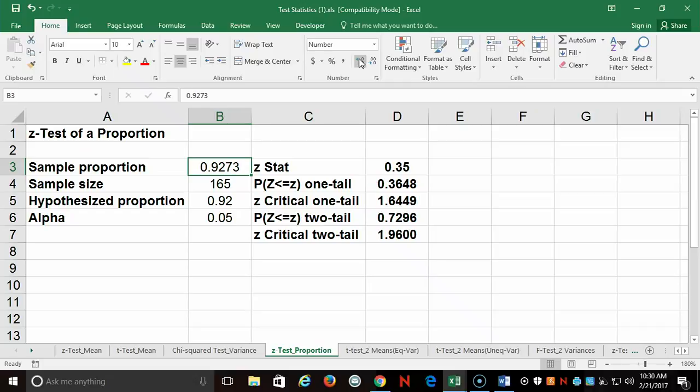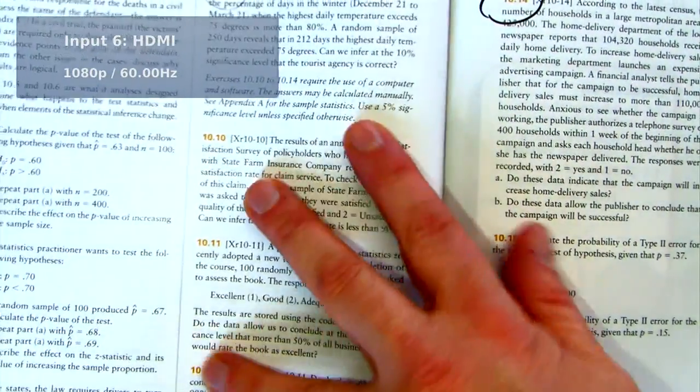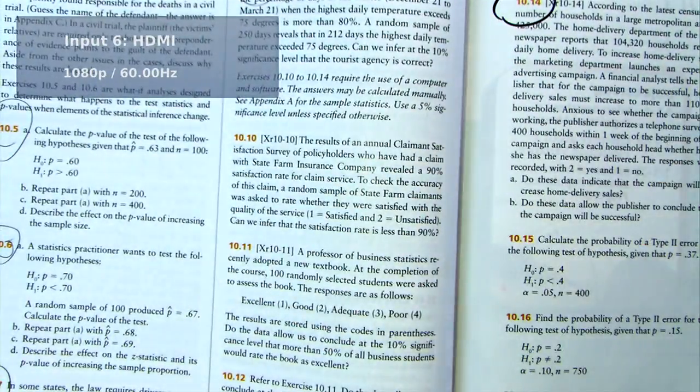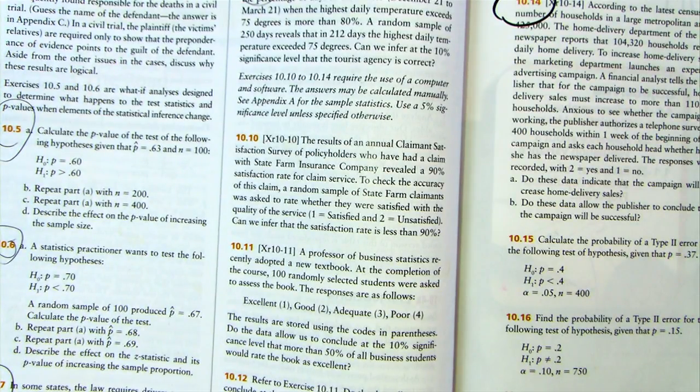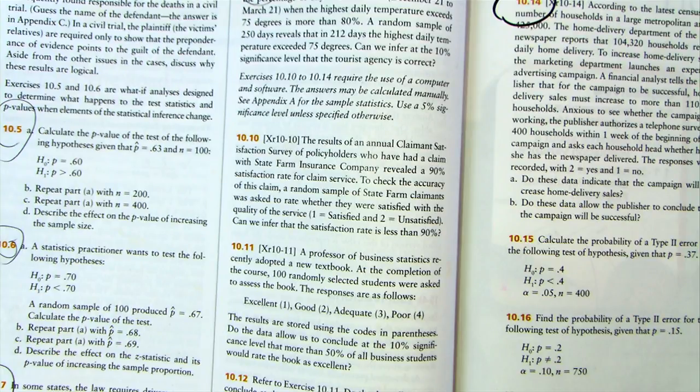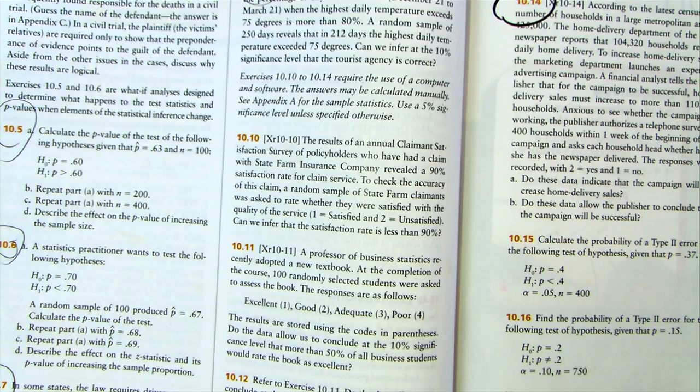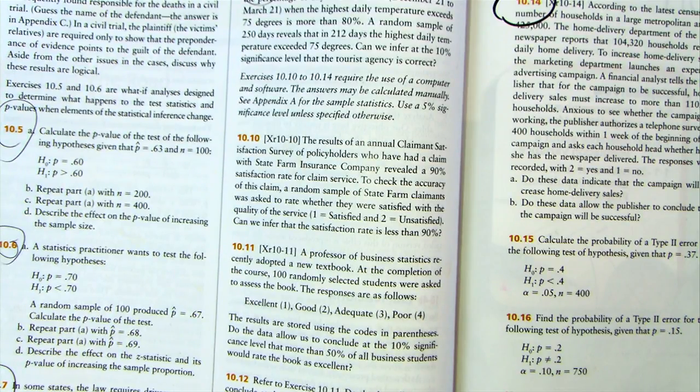So I'm going to use this, but let's say I do something like number 10. Okay, let's look at number 10 in your book. It says the results of an annual claimant survey of policyholders who have had a claim with State Farm Insurance Company revealed a 90% satisfaction rate. To check the accuracy of this claim, a sample of State Farm claims was asked whether they were satisfied with the quality of service.